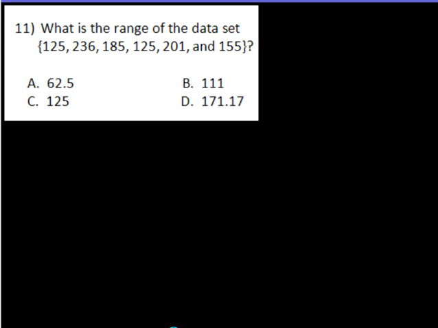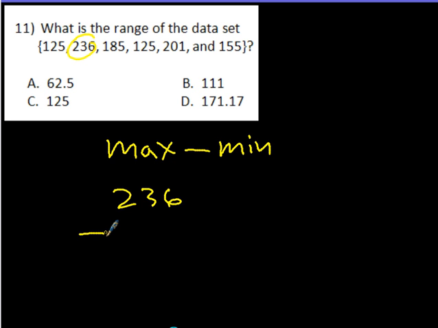What's the range of the data? This is not domain and range. This is the difference between the minimum and the max values. So the range is I take the max and subtract the min. I need to find the biggest number, that's 236, and subtract the smallest number, which is 125.